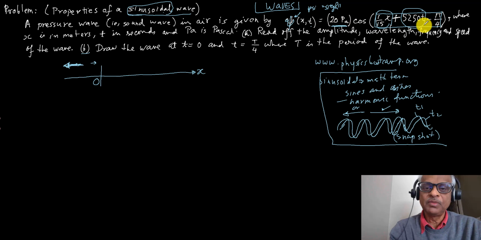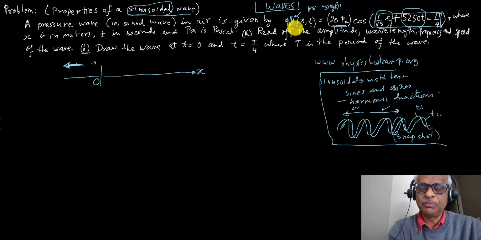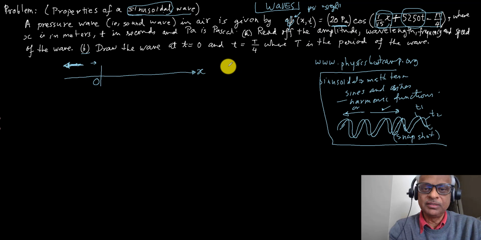Usually we should write this as a cosine of kx plus omega t minus pi over 4.